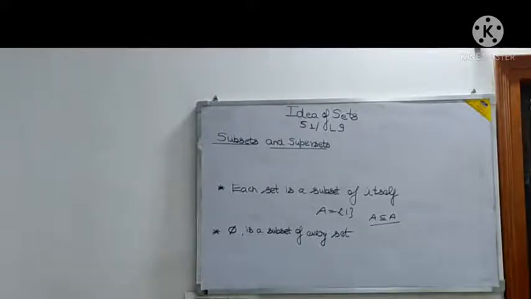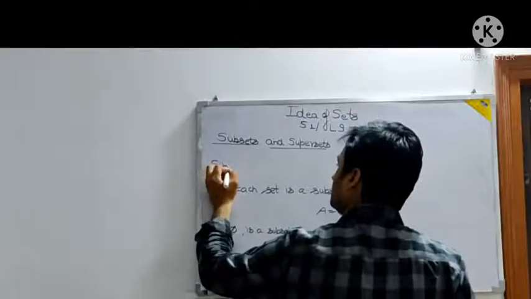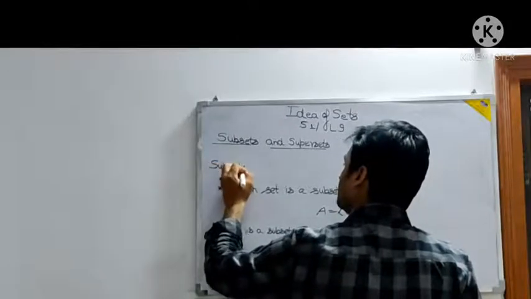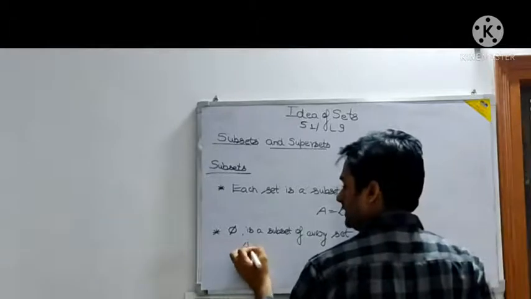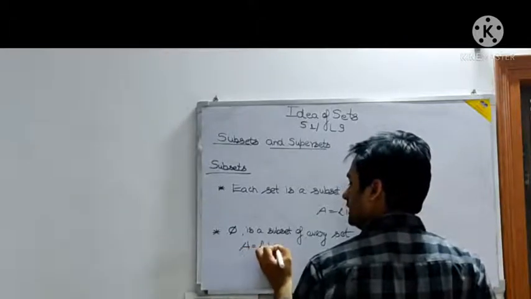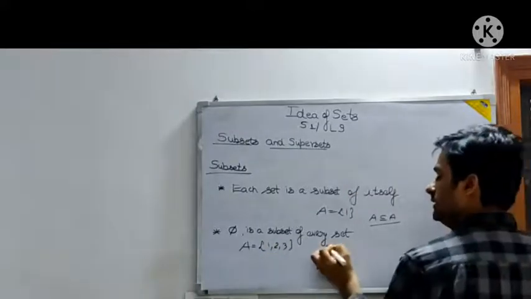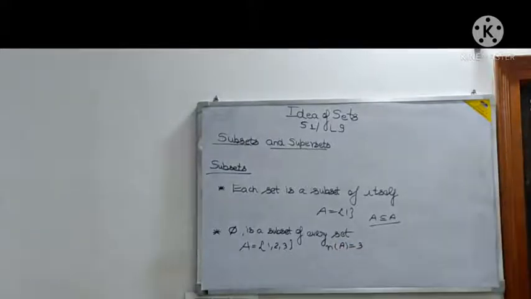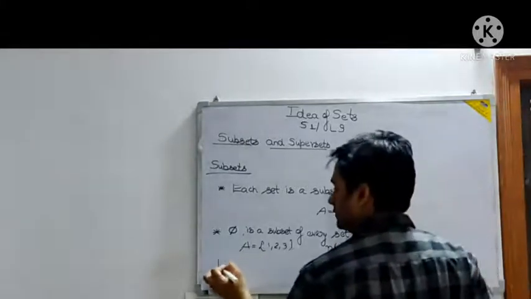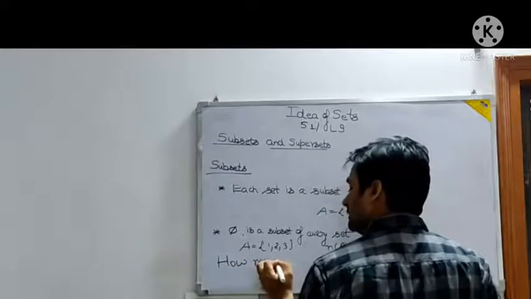Then one more thing comes under the heading of subsets: how many subsets? Suppose A contains 1, 2, 3. How many elements are there in A? N of A is 3. Then how many subsets?